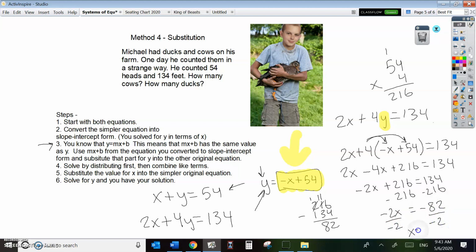So you have x equals 41. Then take that 41 and substitute it in here. 41 plus y equals 54. Subtract 41 from both sides. Y equals 13. So we have our same solution here. And yes, the math is more difficult, but you don't have any of the guessing and you don't have any of the difficult graphing.